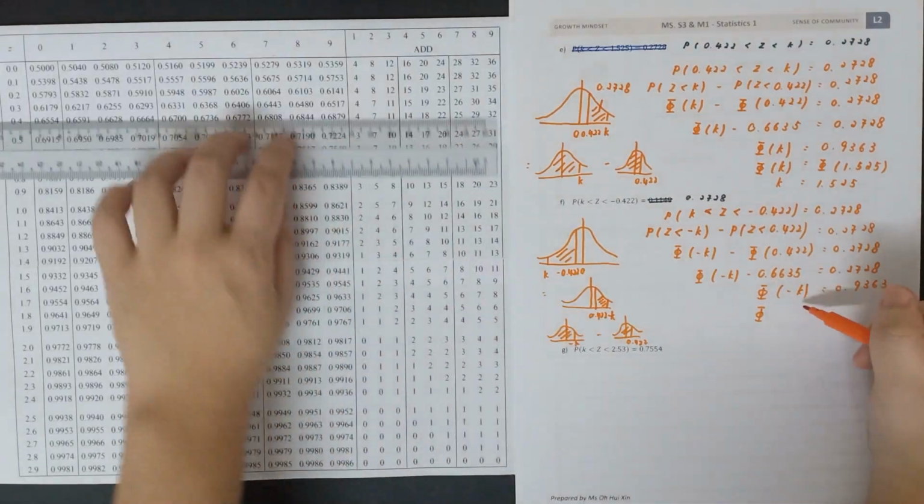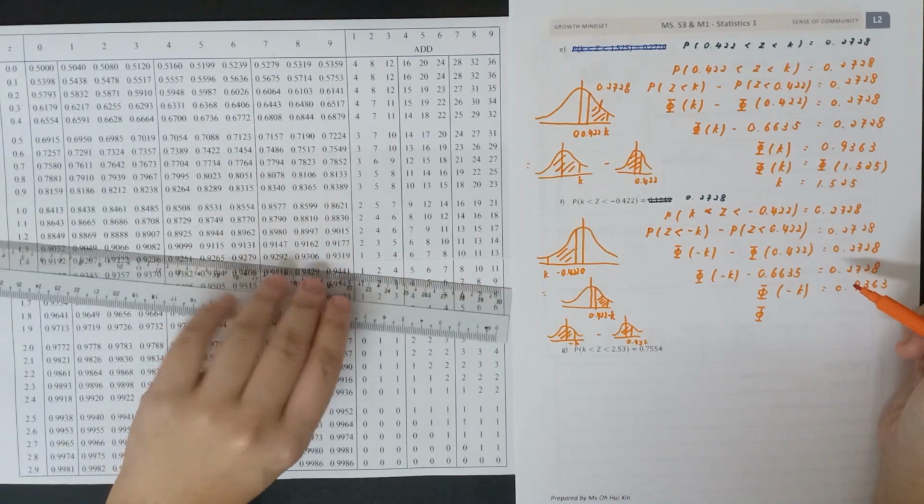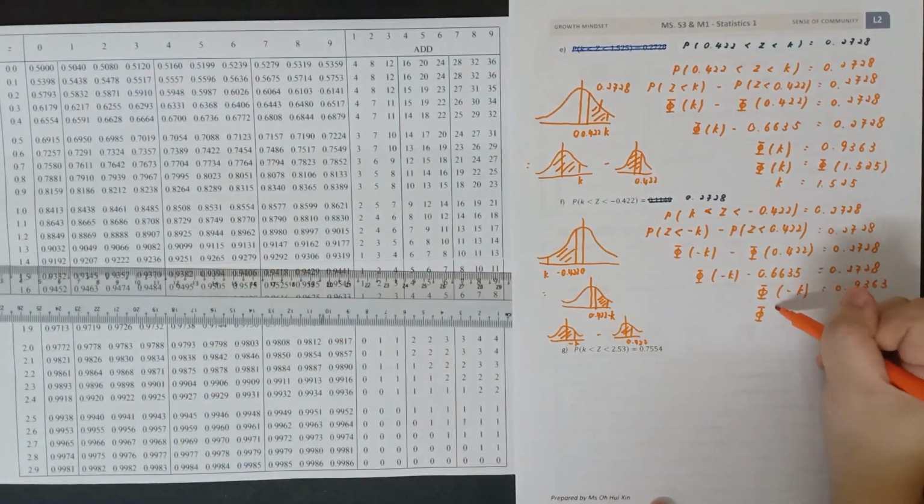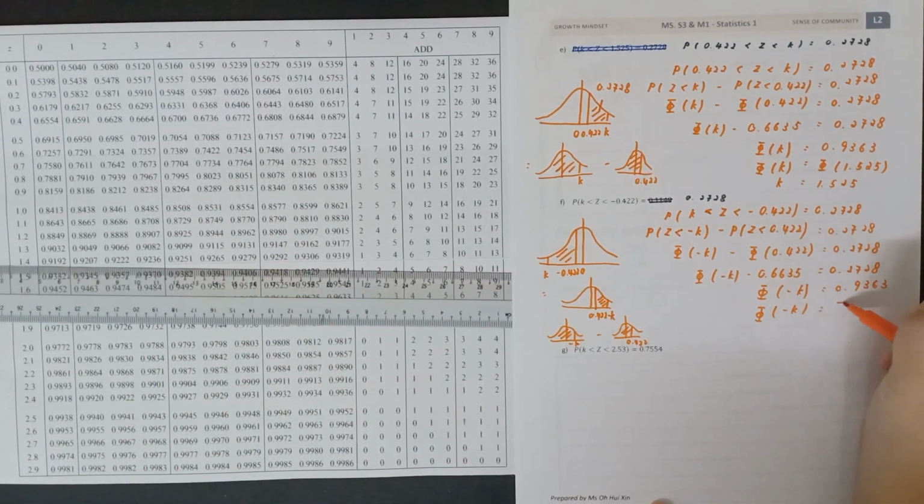Now you want to find the Z, so you are reading it from inside out. So negative K, 5. I'm not going to read it again because it's exactly the same thing. Then how do you get your K? Negative K will be equal to 1.525. So that's why K is equal to negative 1.525.